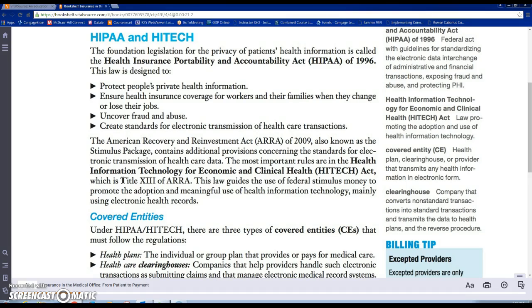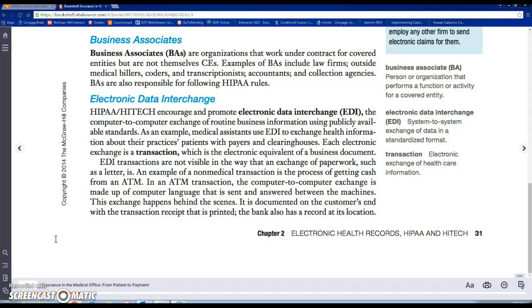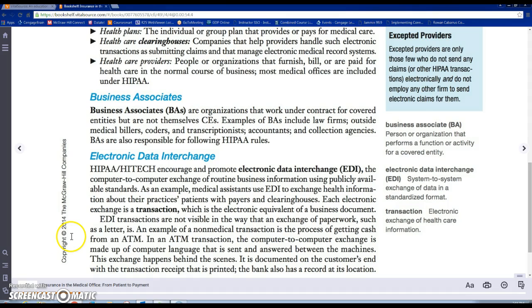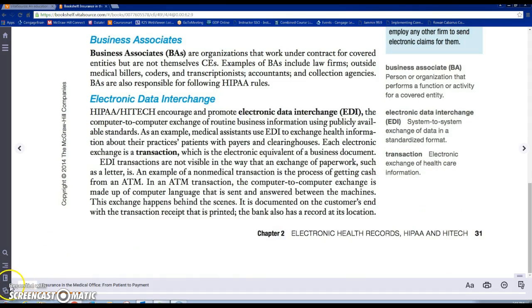And this is to help with fraud and abuse, and to help protect your private information, your PHI. Pretty much anybody who deals with a healthcare entity is responsible for keeping that data safe, and that is part of the PHI information that they have.